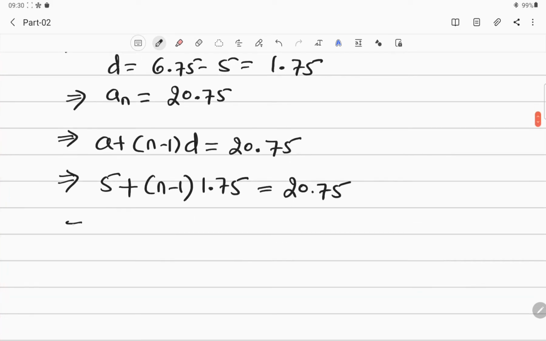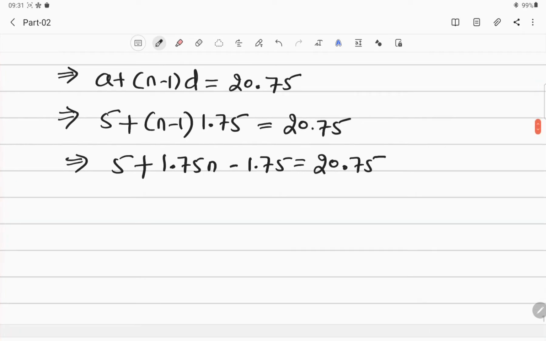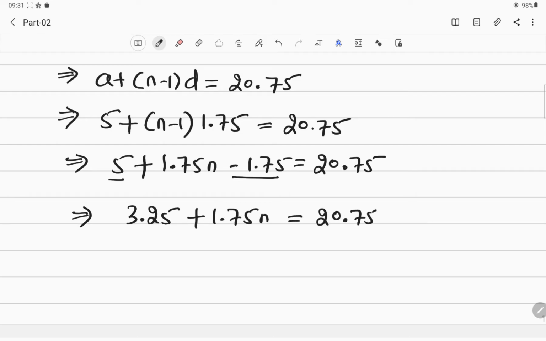Then moving forward it becomes 5 plus 1.75n minus 1 into 1.75, which is minus 1.75, equal to 20.75. Now 5 minus 1.75 becomes 3.25, so we get 3.25 plus 1.75n is equal to 20.75.